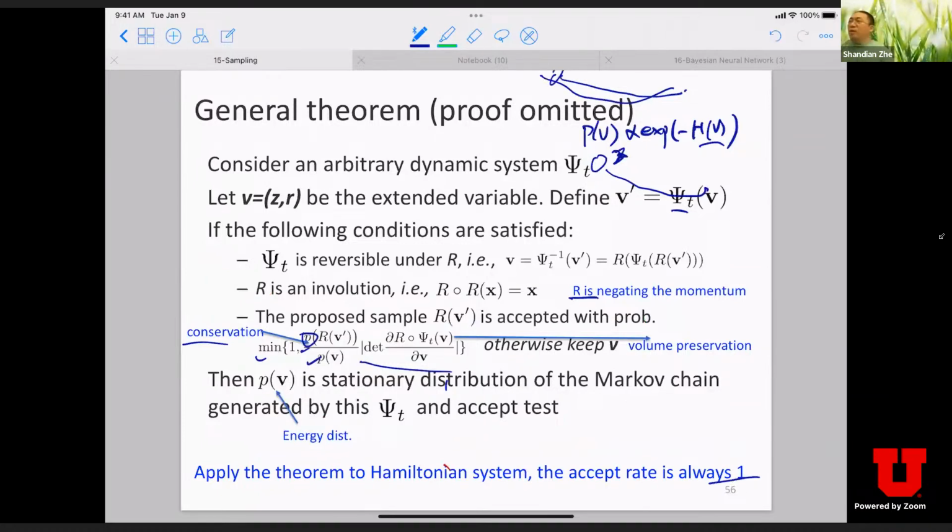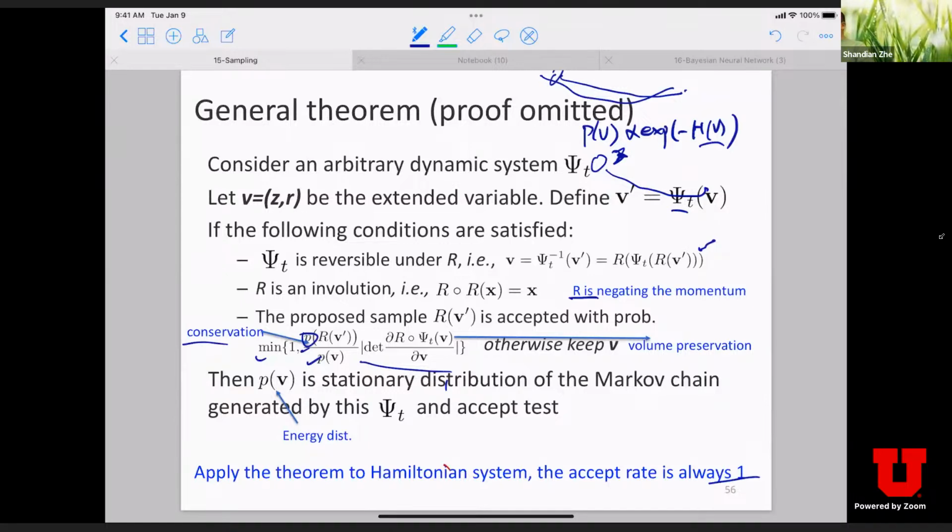I remember when we talked about the other Markov chain Monte Carlo sampling, for Gibbs sampling, we can guarantee the acceptance probability is always one, but due to the strong correlations between the random variables, every time you can move only a tiny bit. You cannot move very far away.